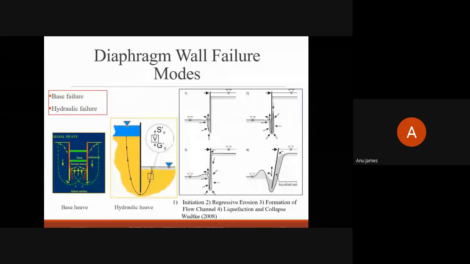The next image shows a possible hydraulic heave. This shows the initiation of a flow channel leading to erosion, formation of the flow channel and ultimate collapse. So these conditions need to be monitored at the planning stage of an excavation.